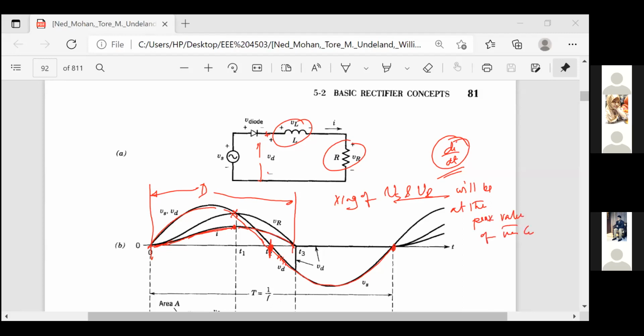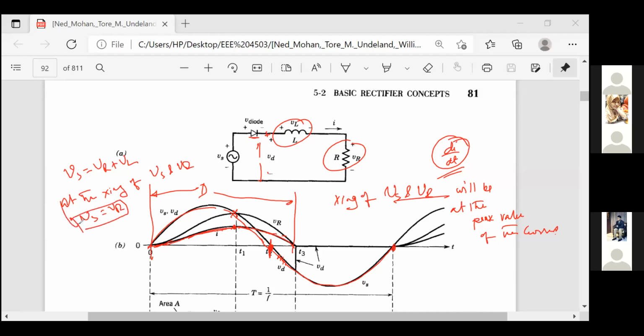Why? Because if the current is there, the diode is conducting, so we can always apply Kirchhoff's voltage law here. At the crossing of VS and VR, VS must be equal to VR, right?